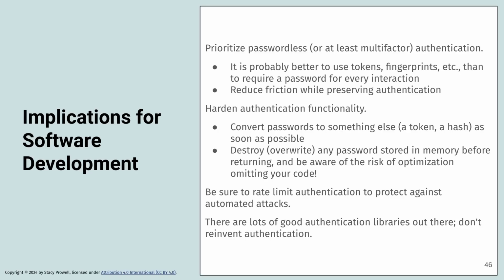Okay? It's probably better, for a lot of reasons, to use things that we don't have to construct ourselves, but that originate from something that has some kind of natural randomness or irreproducibility to it, like tokens, fingerprints, the pattern of blood vessels in your eye, right? Things that are consistent, that we can use, but that have a lot of randomness, a lot of information in them to make them secure.